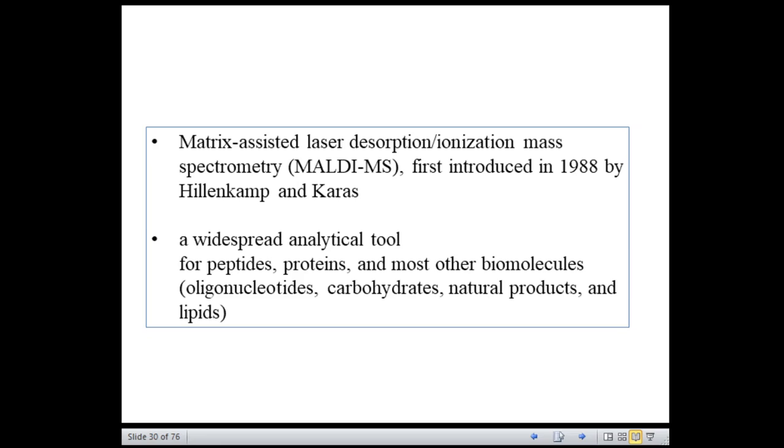That means the matrix compound will be in excess when compared to the concentration of the analyte. We will see typical examples of matrix compounds when we discuss the matrices.